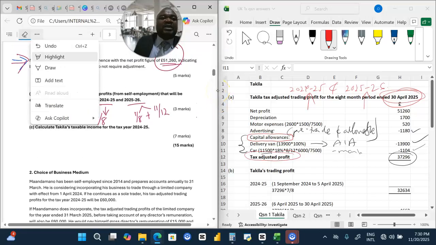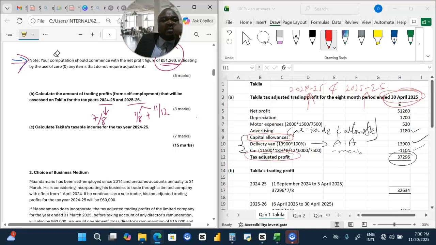Okay, so part B is saying calculate the amount of trading profits from self-employment that will be assessed on Tequila for the tax years 2024 and 2025. So for 2024-2025, we have done the tax adjusted profit.